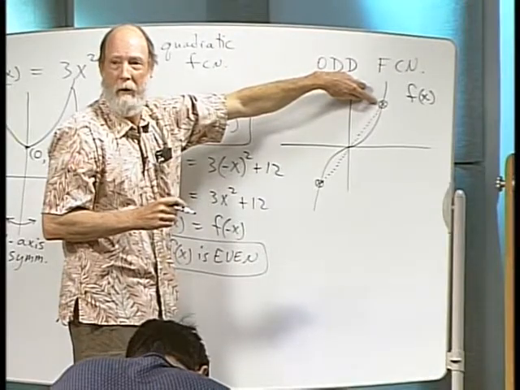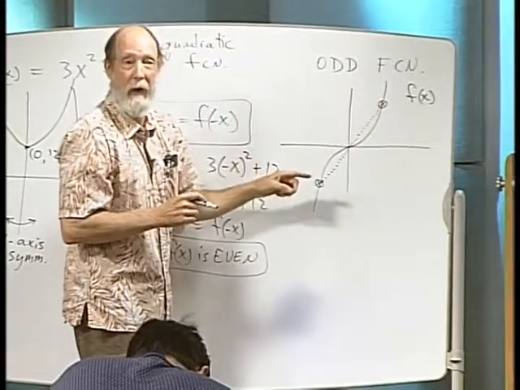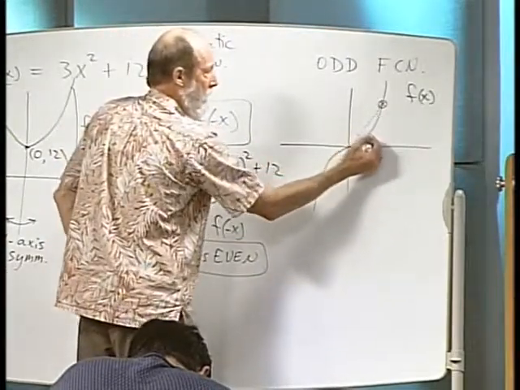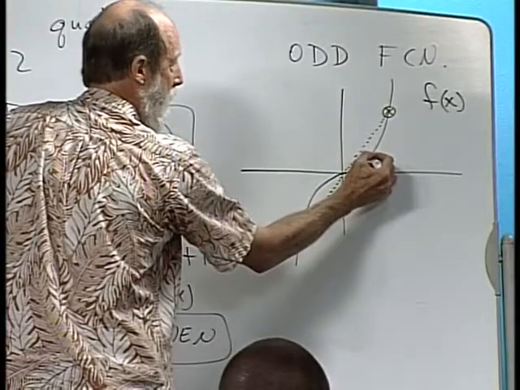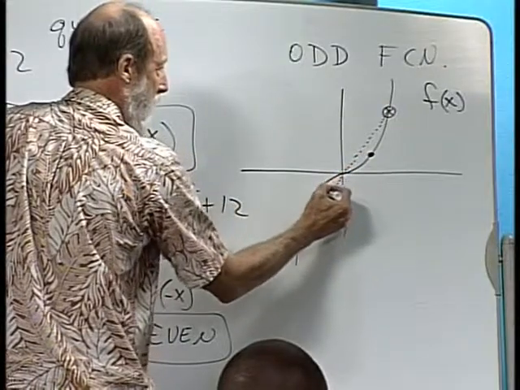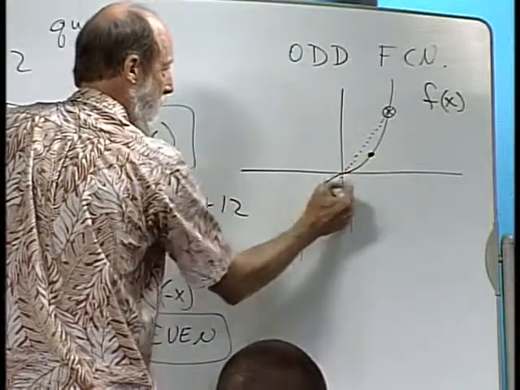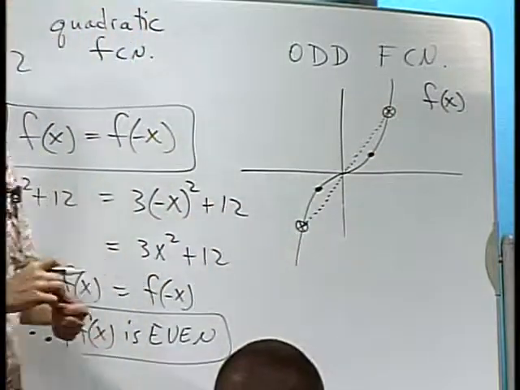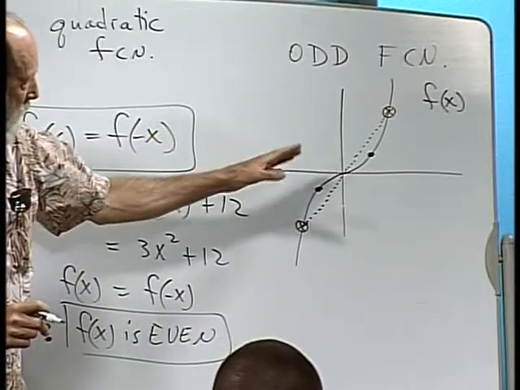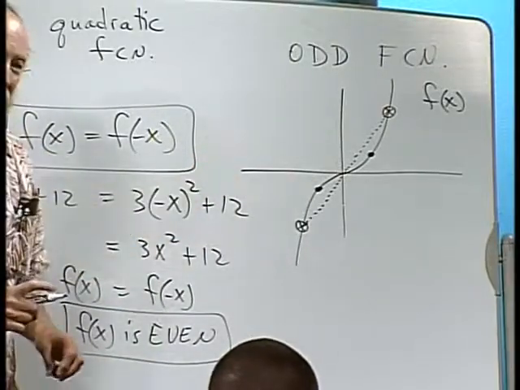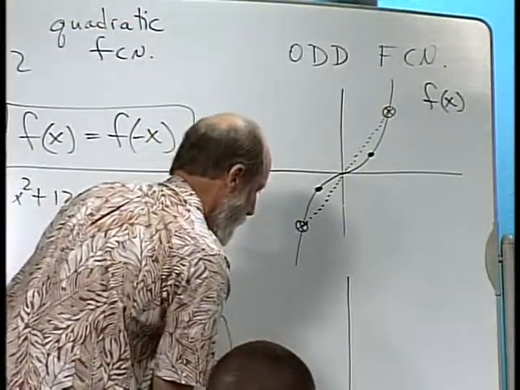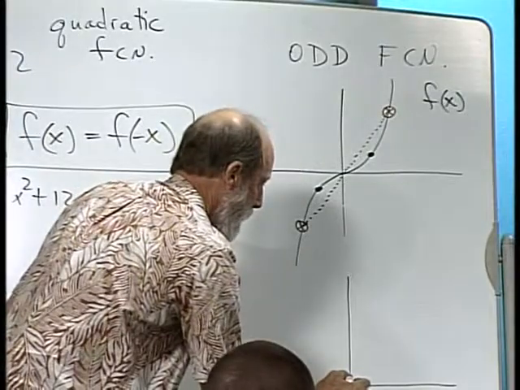Make sense? And every point has to exhibit that relationship. Every point. Let's say I picked the point right here. Wouldn't this one exhibit the origin symmetry also by coming through the origin and out the other side and hitting another point that's kind of a reflection of it through the origin? Okay. So if you see a picture that exhibits that kind of behavior, it would have origin symmetry. Let me draw another one, more complicated than that, that would exhibit origin symmetry. What if I did something like this?